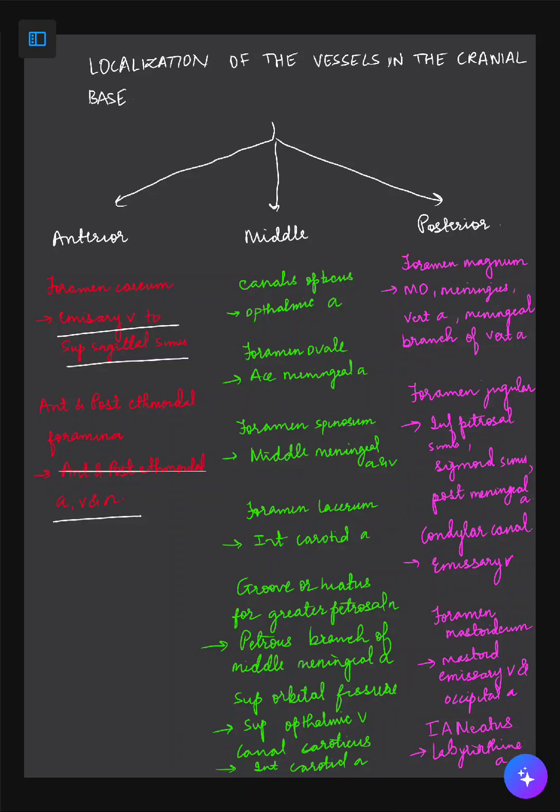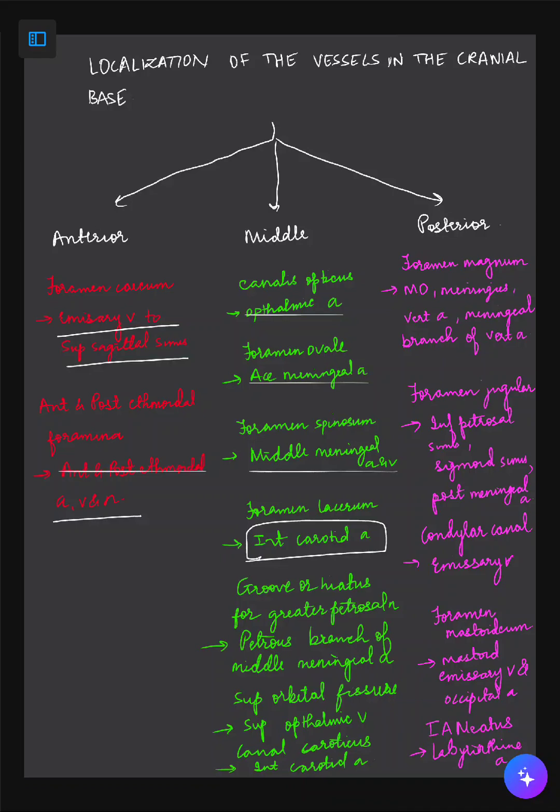In the middle cranial fossa, through the canalis opticus, the ophthalmic artery passes. In the foramen ovale, there is the accessory meningeal artery, and in the foramen spinosum, there is the middle meningeal artery and vein. Foramen lacerum, internal carotid artery.